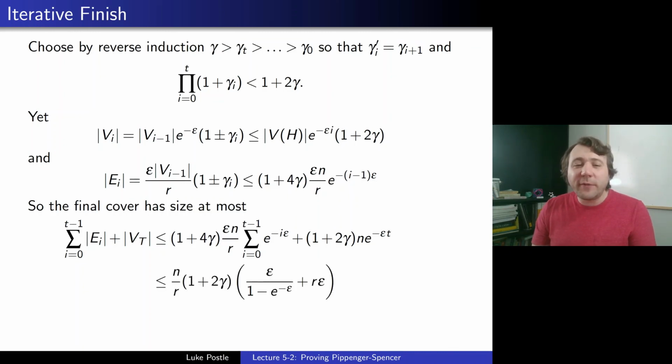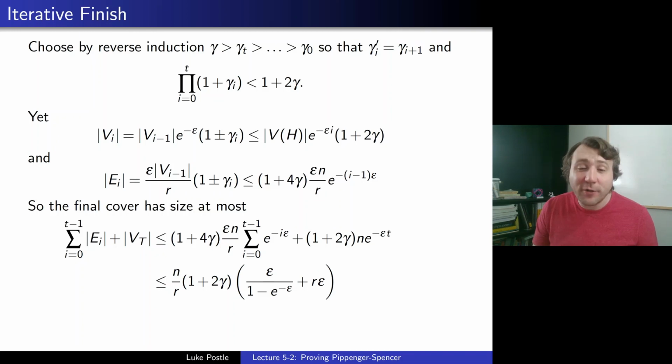Well, if you look at that first term, it's a geometric series, so we can upper bound it with epsilon over 1 minus e to the minus epsilon, where we brought the epsilon in. For the right-hand term, since we're going to divide by r, and the second term doesn't have an r, we multiply by r, and we use the fact that e to the minus epsilon t is at most epsilon.